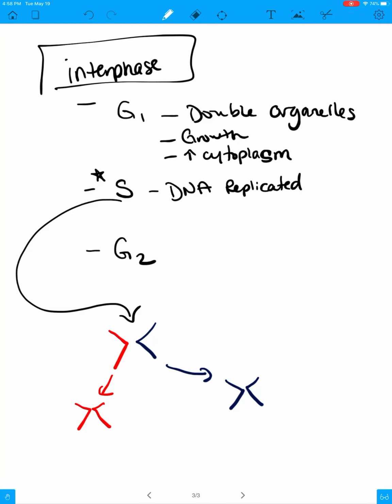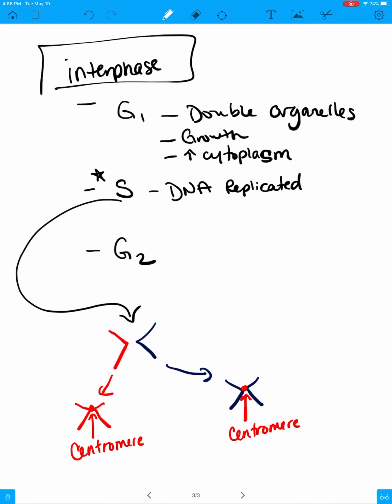And so now we have a copy of mom's chromosome, and now we have a copy of dad's chromosome. And these are going to be attached at a certain structure at the center. And the structure is the same for both of them. And that structure, these chromatids, are attached at that center structure called a centromere.